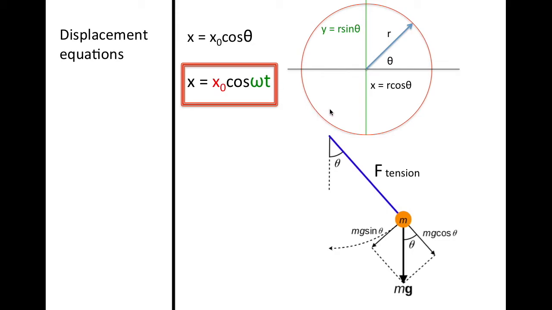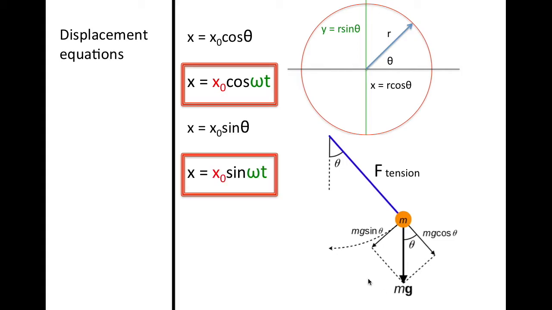If you look at the pendulum below, the same equation applies. The x sub 0 replaces the mg, which is the weight, right here. The second equation is also in your data booklet, and that is x equals x sub 0 sine of omega t, and that is just the y component.